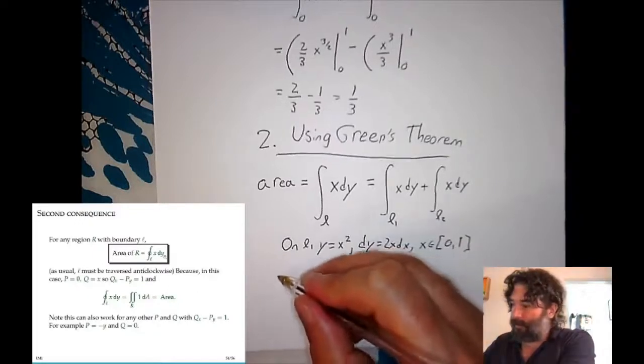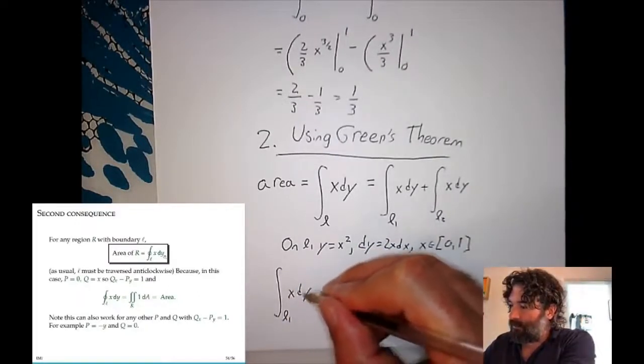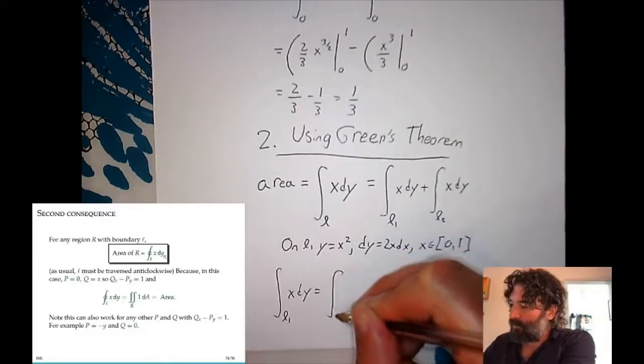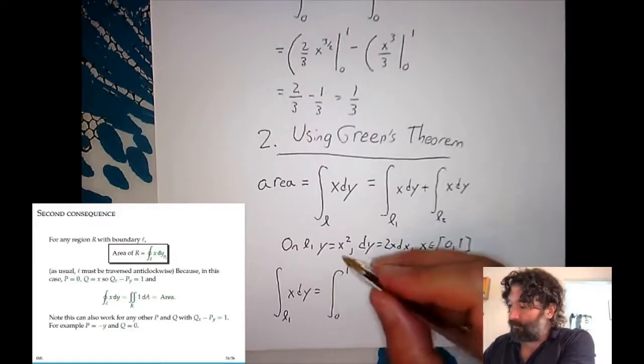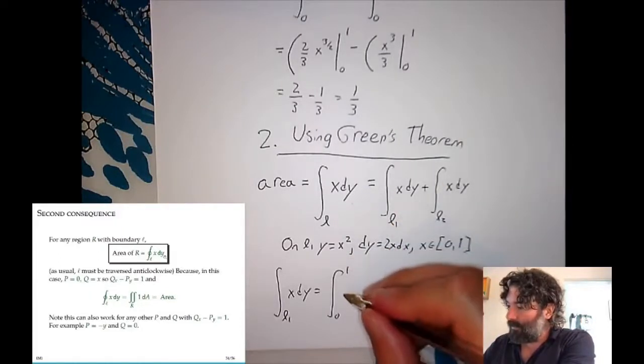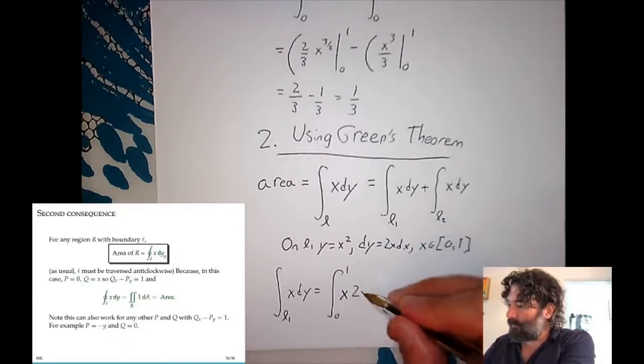So the line integral over L1 of x dy is equal to the integral from 0 to 1, when we use x as the parameter, of x dy. So x, and then dy is 2x dx.